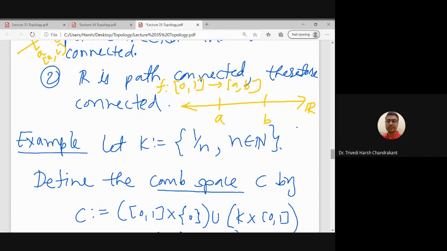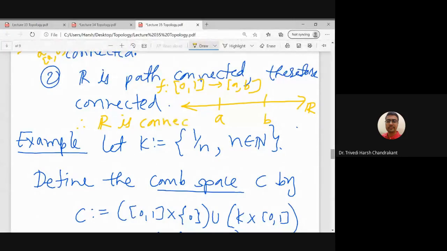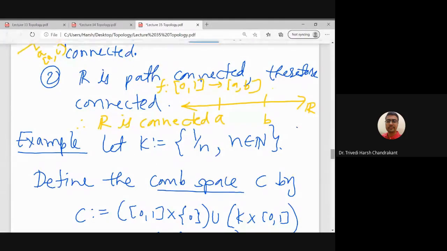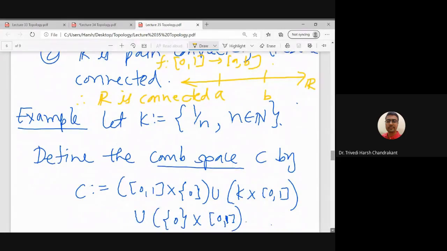So what we are doing is stretching a rubber which has length 1 and we are making it length b minus a. So that is basically the continuous function. So every pair of points a and b is path connected in R, and therefore R is connected. Every path connected space is connected. So every interval of R and R itself are connected spaces.